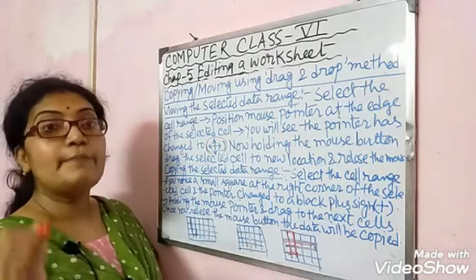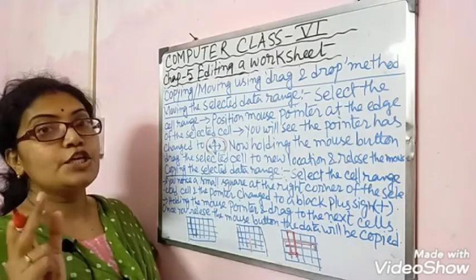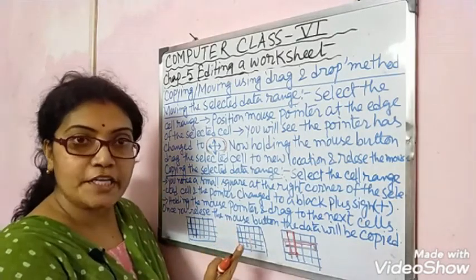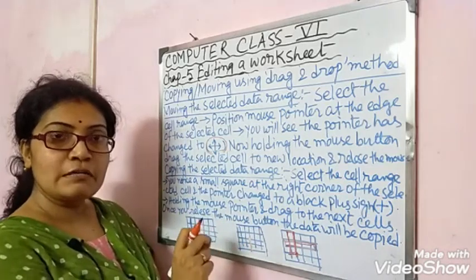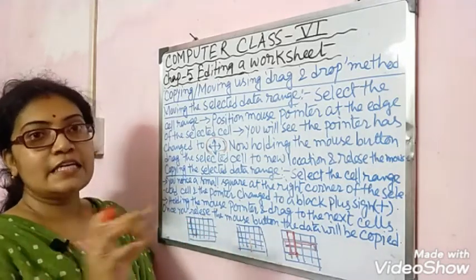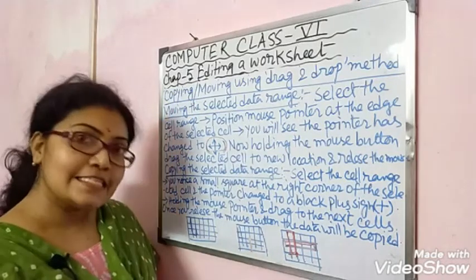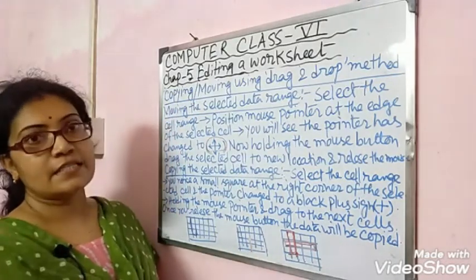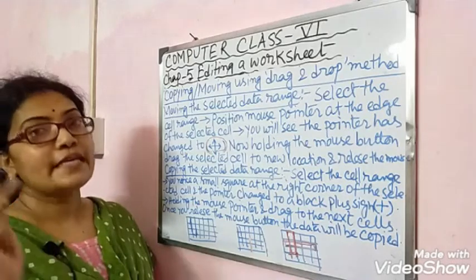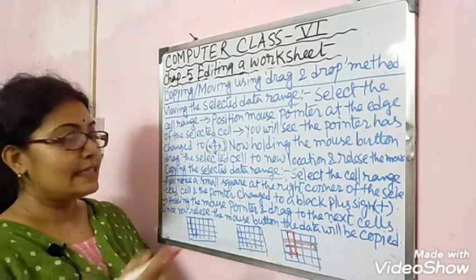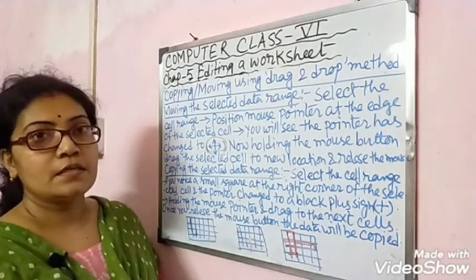Then you will see a plus sign. Then click the mouse pointer at that portion, and without releasing it, click and drag to the next cells and release. Once you release the mouse button, you will see the data has been copied.